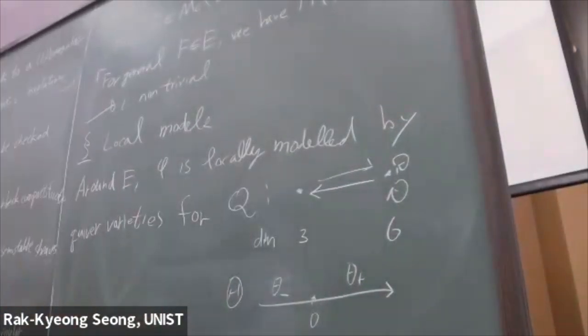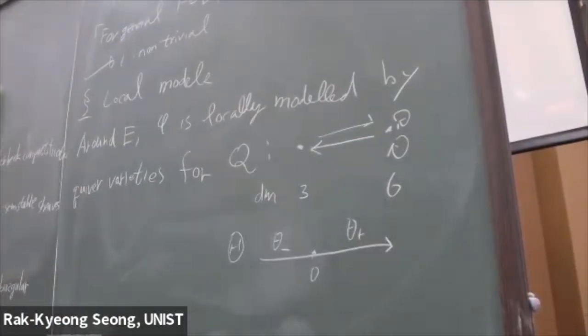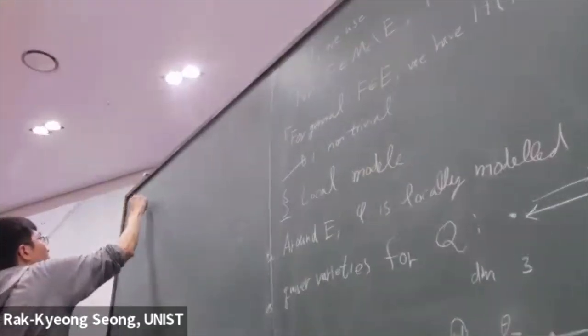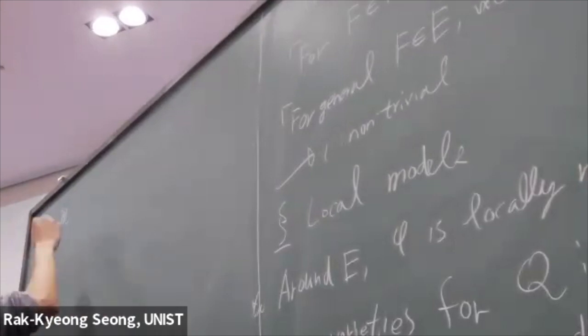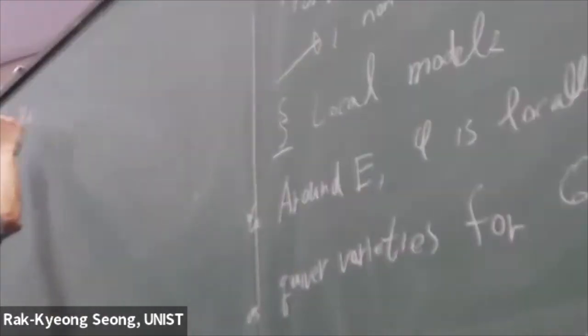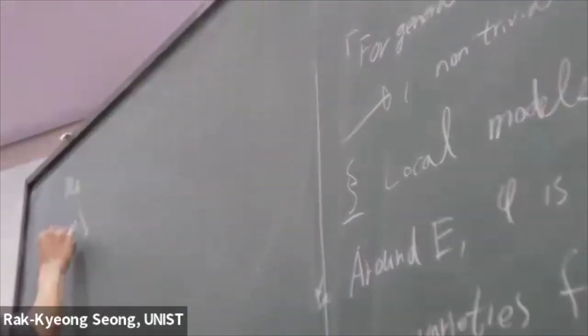And the birational morphism phi is locally identified with a morphism between the quiver varieties with the same delta phi.